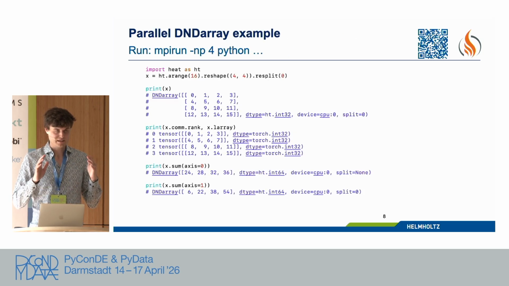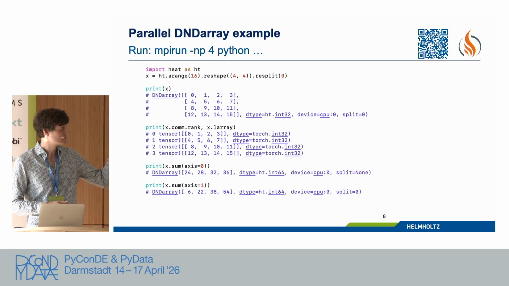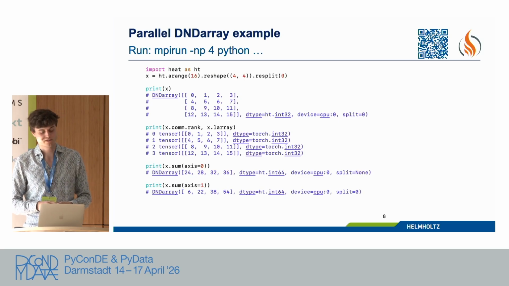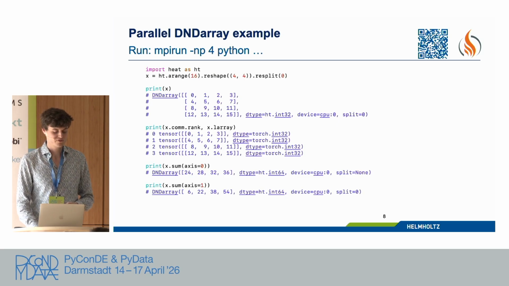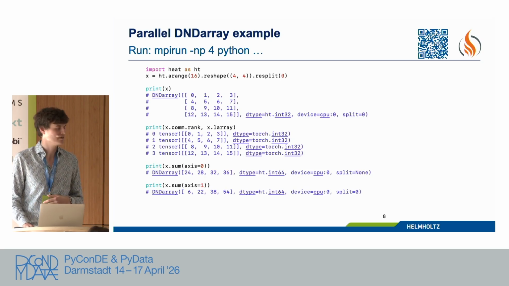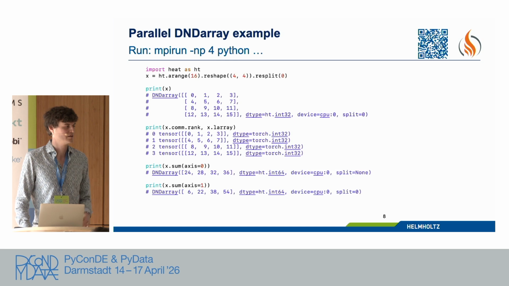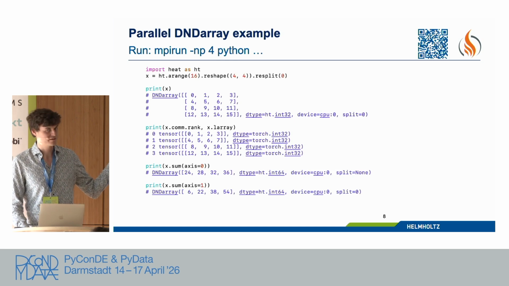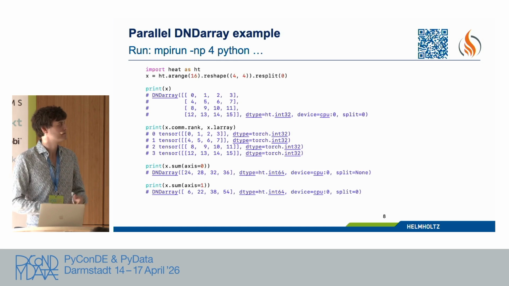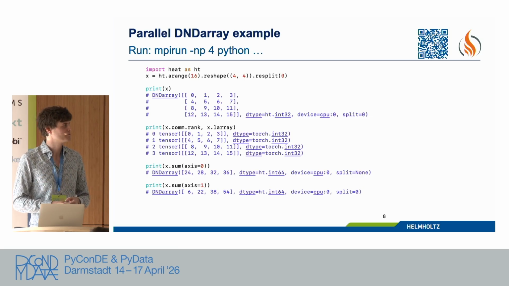Let's look now at a parallel example. So I executed this script with 4 tasks now. We first define some data again. So we just call heat arange with 16 elements now. Here we haven't passed the split argument, so we define the same data on all tasks. Then we call a reshape operation, which we're familiar with from NumPy as well.